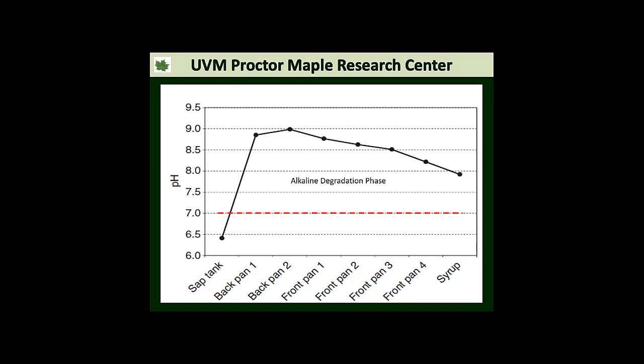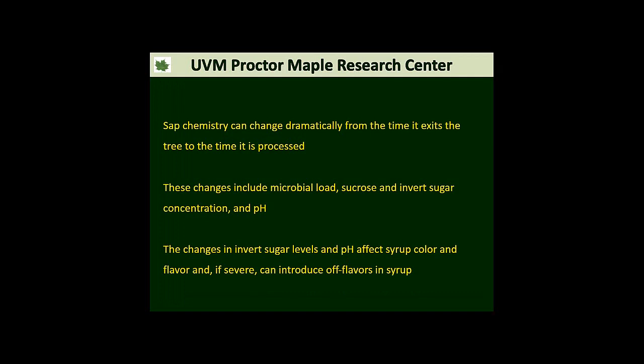So why do you know that this is happening? Because you're making niter at the same time. Anytime you're in this alkaline degradation phase, you're making niter. So that's how you can recognize that it happens. So sap chemistry changes a lot from the time that the sap comes out of the tree till the time that it ends up being syrup.